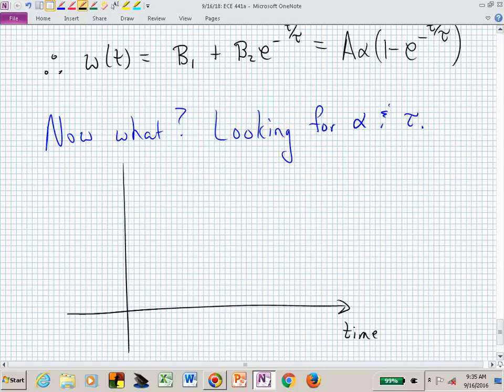You would do that by sketching. You would say, let me sketch what you're looking for. A first order system, and your output is omega of t. Could you sketch a first order system? And the answer is yes. That's just this as a function of time.